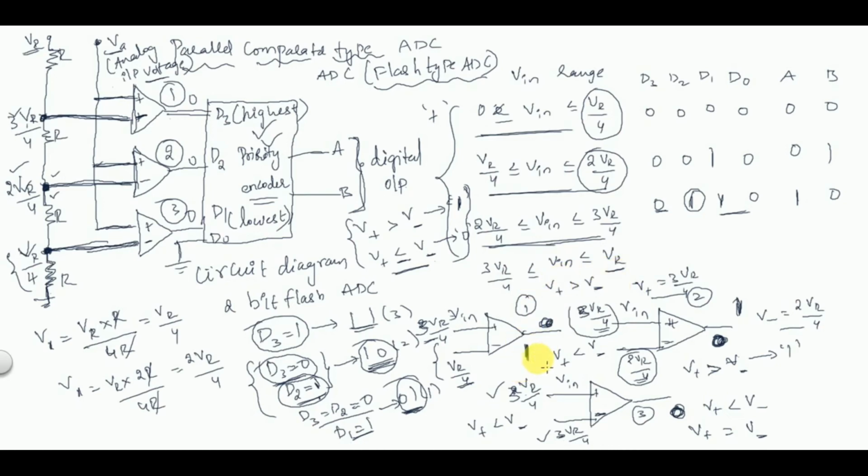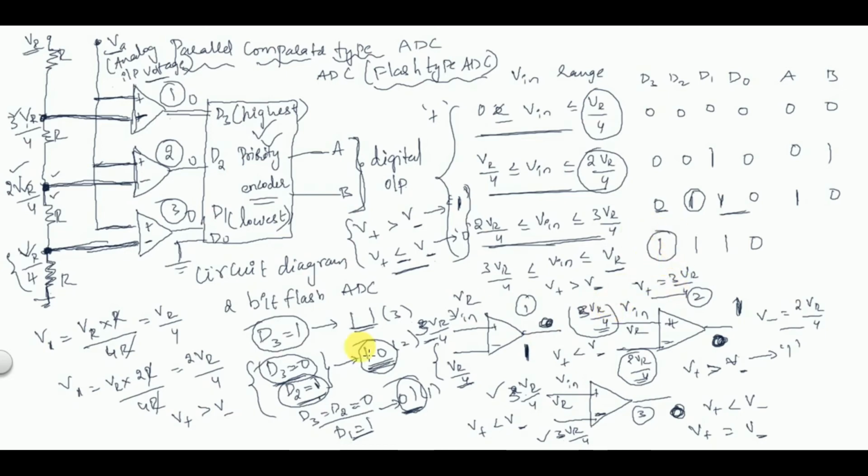Now see for the third one, the last one. The maximum value here is VR. So you are applying VR here, VR here, and VR here. So in all the three cases, V plus is greater than V minus, so in all three cases the output is going to be 1. So all three inputs are 1, and this one is anyhow grounded, so it is 0.